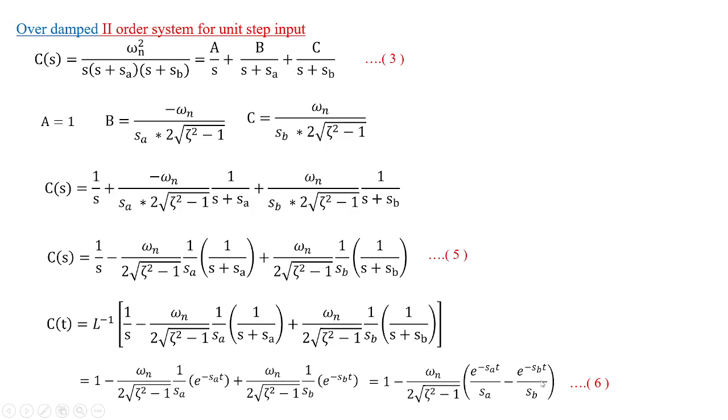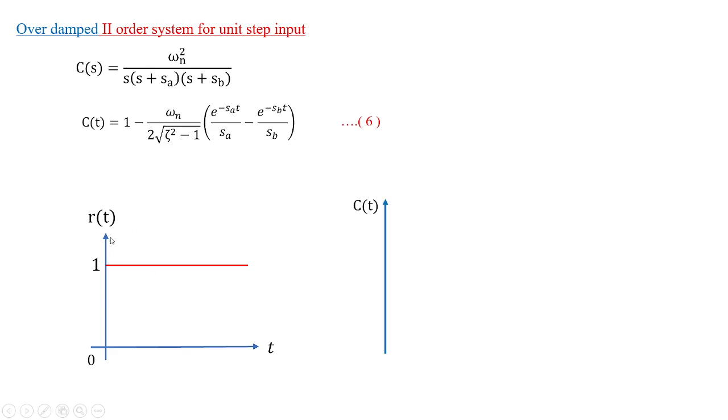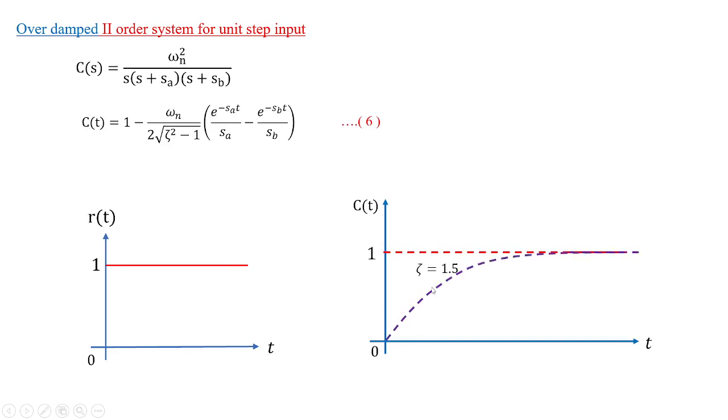Now substituting different values of zeta more than 1, for the input r of t, I'm going to get the output c of t, which is obtained in this fashion for zeta equal to 1.5. What if I increase the value of zeta? If I increase zeta to 2.5, the graph is obtained in this fashion.